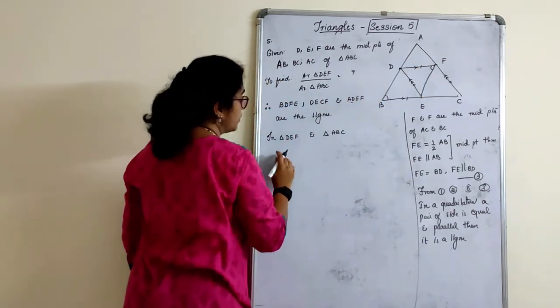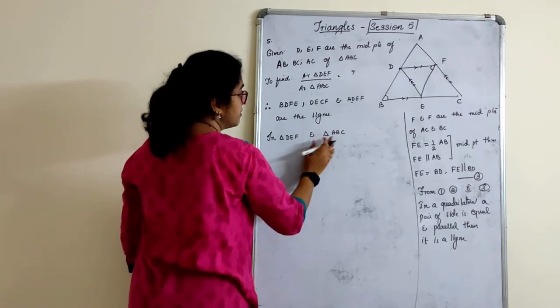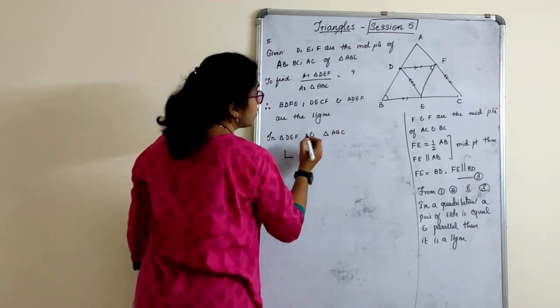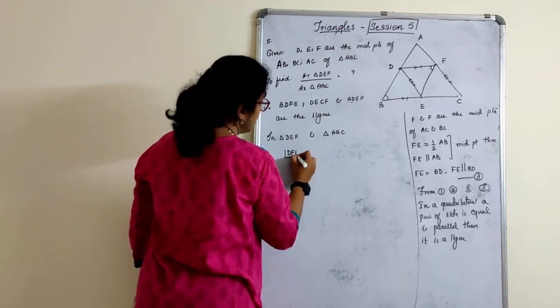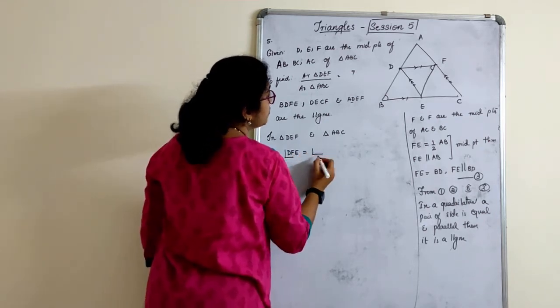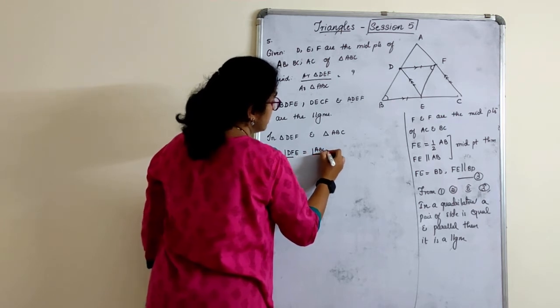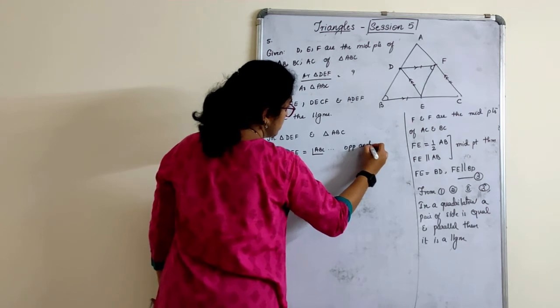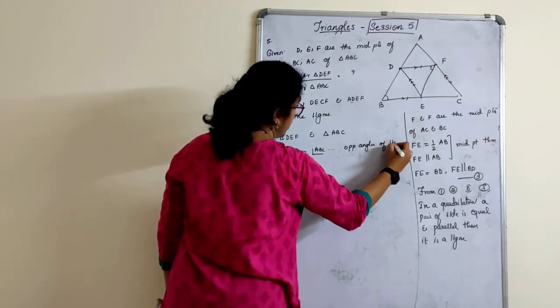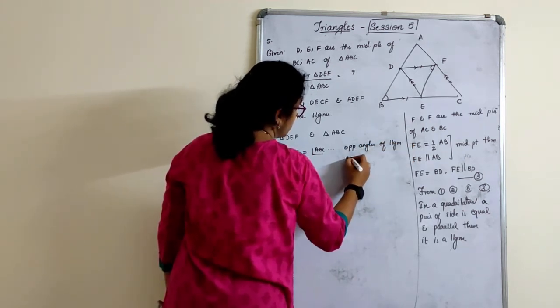These two angles are equal. In triangle DEF and ABC, angle DFE is equal to angle ABC. Opposite angles of a parallelogram are equal.